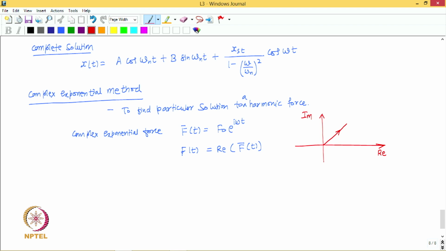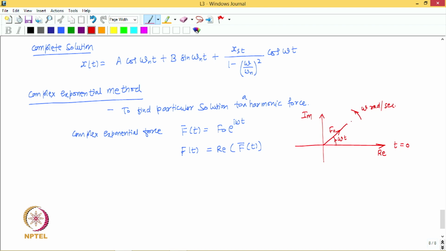If the length of this vector is F naught, and time t equal to 0 coincides with the x axis, then this angle would be omega t, if the vector rotates with an angular velocity omega radians per second.